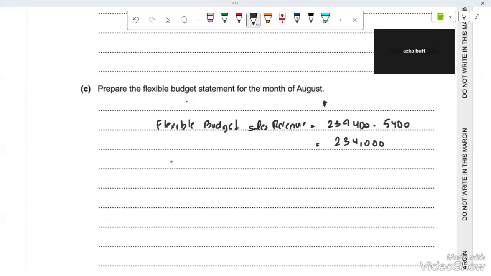So actual direct material cost was 44,640. If you just open the question paper in front of you, total material variance was adverse, which is 1,440.